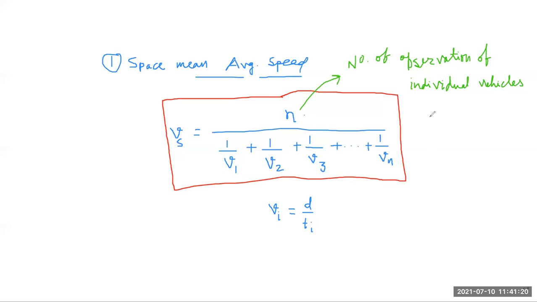Here n is equal to the number of observations of individual vehicles. If we modify this formula a little, we get Vs is equal to... Here V1 is equal to d by T1, V2 is d by T2, and V3 is d by T3, and so on.